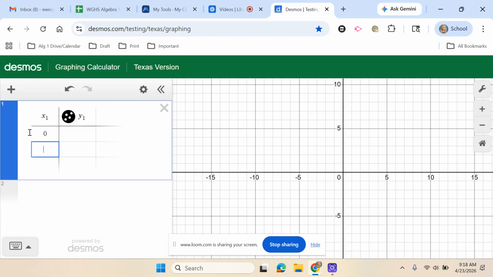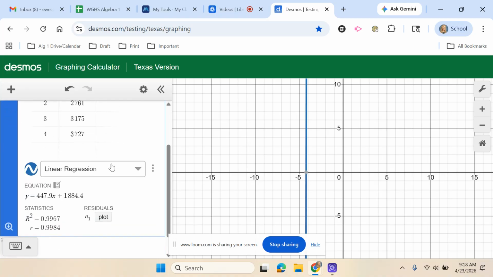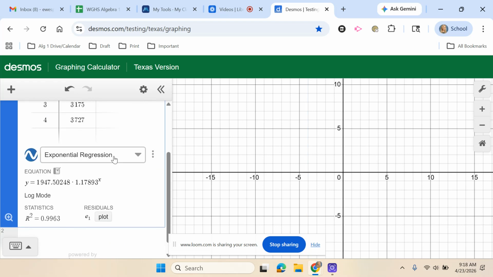So 0, 1, 2, 3, 4. 1, 9, 1, 2. Okay. All right, so then I'm going to run a regression, change this to exponential.